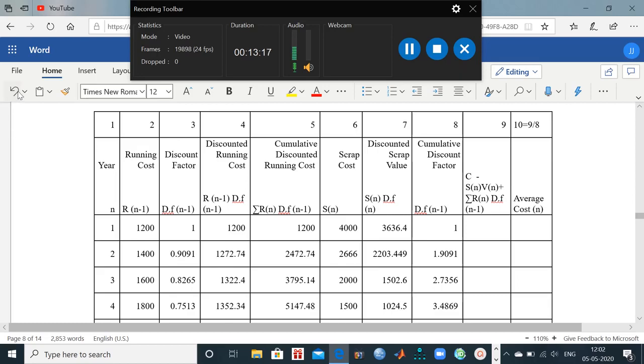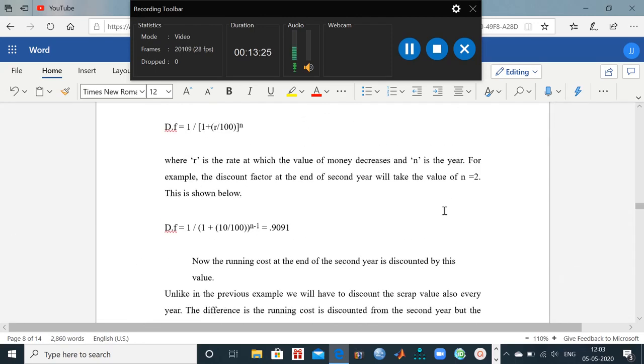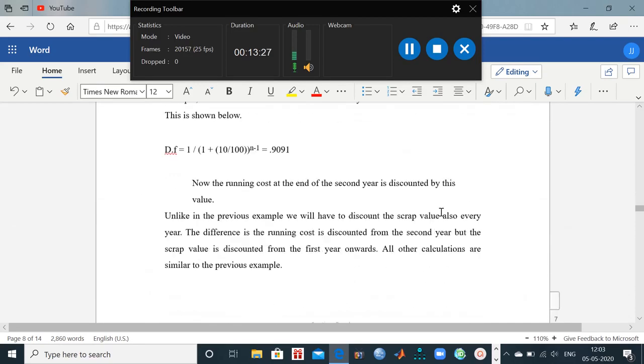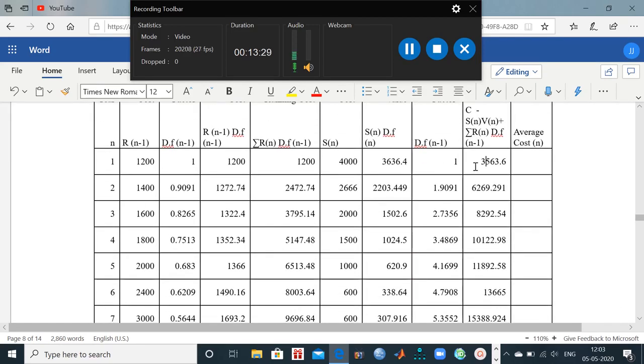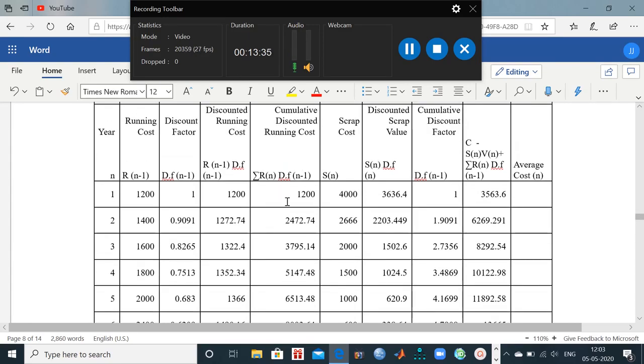If we do that, we should be having this. So check this out. So this should be 6,000 being the capital cost, 6,000 minus 3636 plus 1,200. I hope you get this answer.